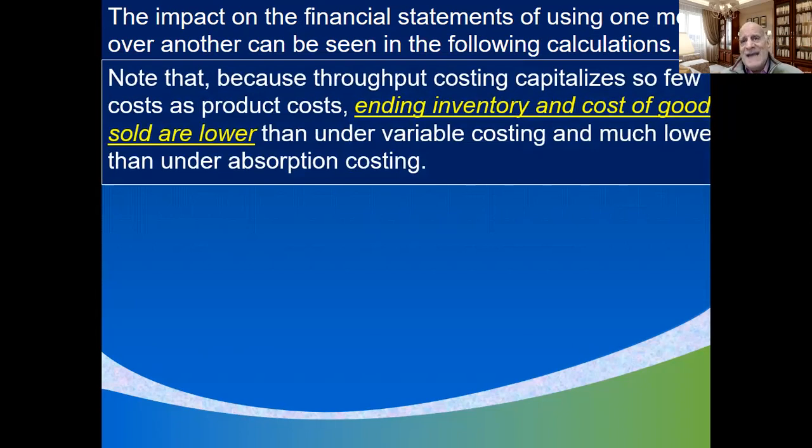You should note that because throughput costing emphasizes so few costs as product costs, ending inventory and the cost of goods sold are lower in this method than under variable costing and much lower than under absorption costing.